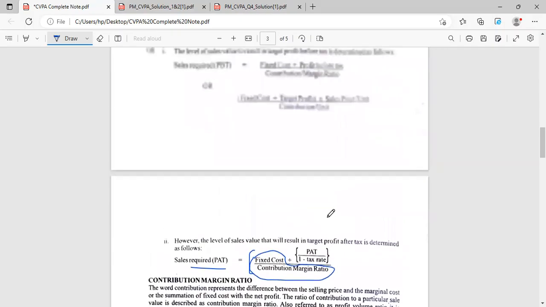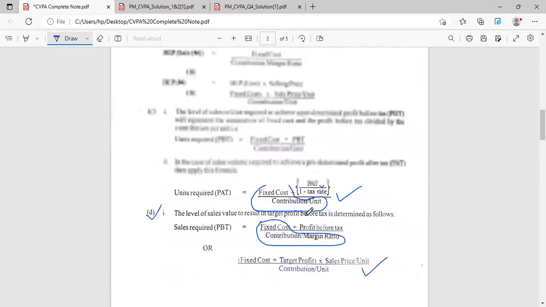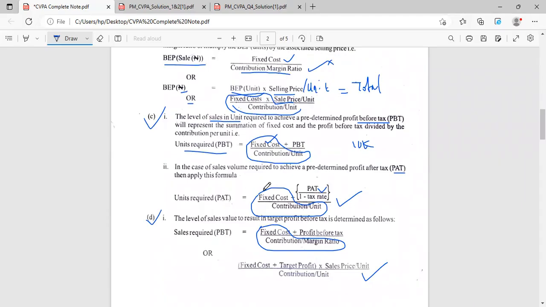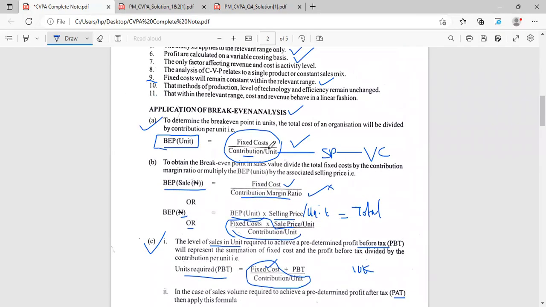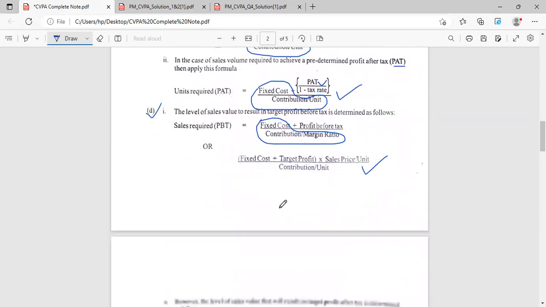Can you scroll up? You get it now? Yes, sir. Okay. So all these things are just formulas, and the formulas are linked. Once you know the formula for BEP, you know the formula for every one of them, because all of them are derived from the break-even point in units and break-even point in naira formulas. Are you getting me?